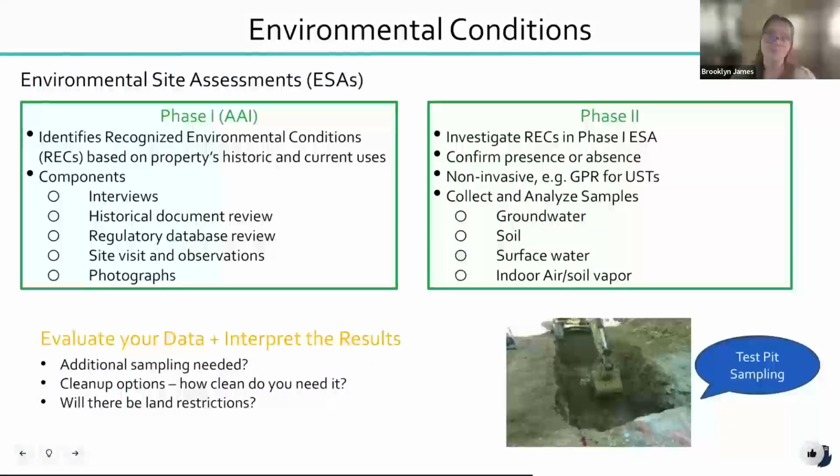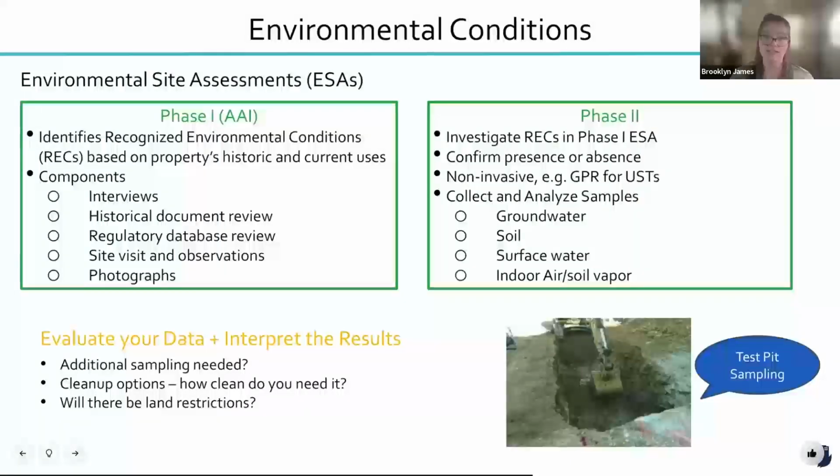It could consist of doing interviews with local community members that are nearby the site, doing historical document reviews, looking at regulatory databases, doing a site visit, another windshield survey, seeing the observations on the site, taking and sharing photographs, looking at old photographs. This is just kind of to give you an idea of what contamination you may expect based on the historical use of the site.